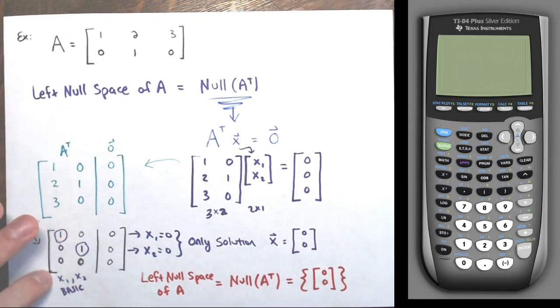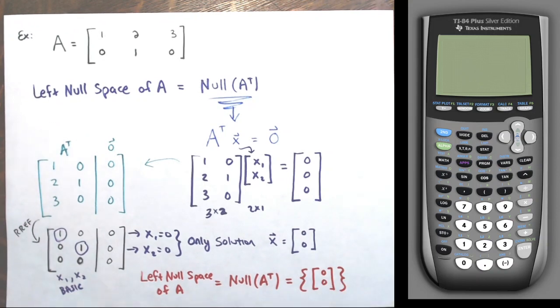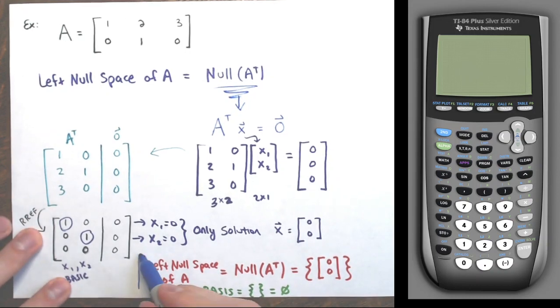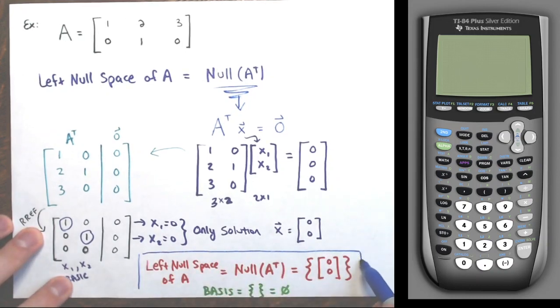And if it's the set with only the 0 vector, then the basis for that is empty. All right, just the empty set. You can put it as an empty set of brackets or as this circle with a slash through it. But that's it, nothing more. There are no vectors in a basis for that vector space with only the 0 vector in it.